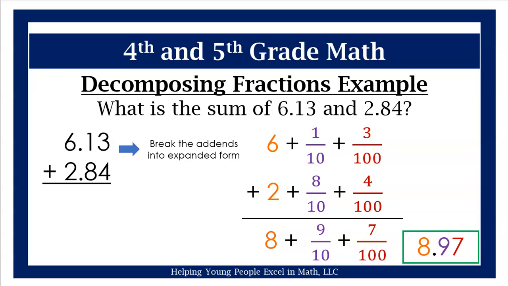So for the tenths place, it is 9 over 10. Now let's move to our whole number. 6 plus 2 is equal to 8. So we have 8 plus 9 over 10, which is the same thing as 9 tenths, plus 7 over 100, which is 7 hundredths. So our final answer is 8.97.